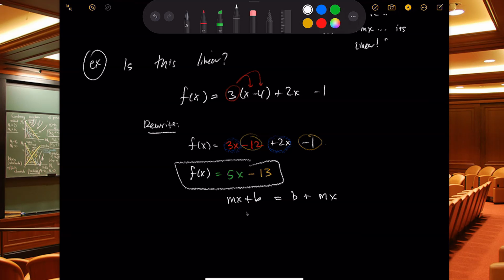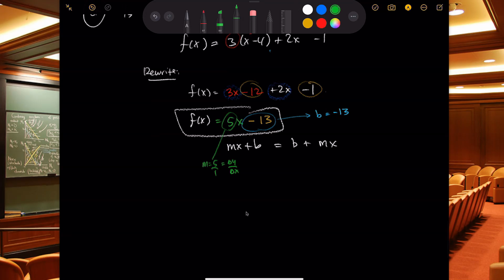What's my b here? Let's judge this book by its cover. b equals negative 13. Remember the sign. What's my slope? Slope is 5. This is the delta y over delta x. It's 5 over 1.